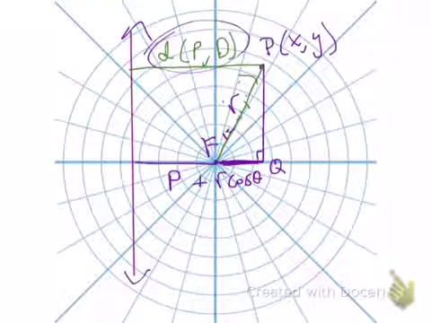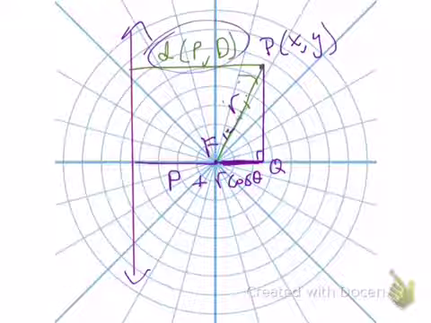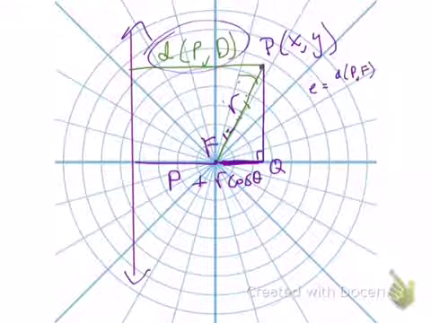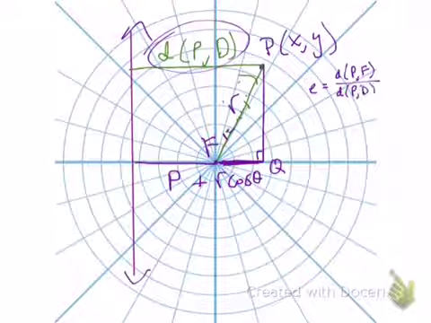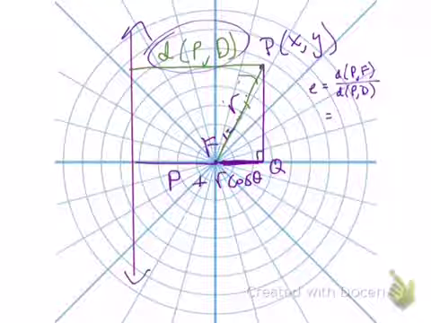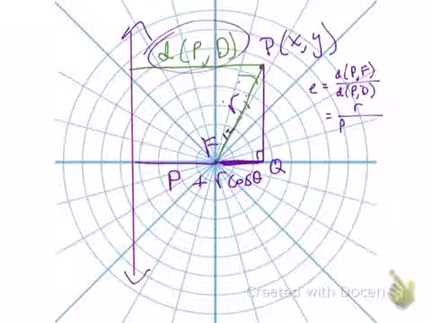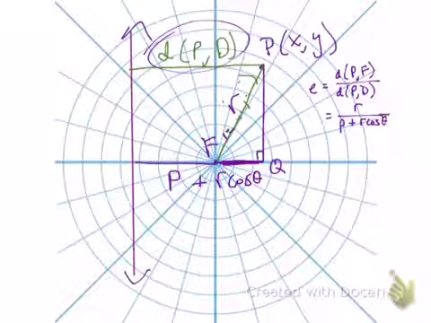So let me start deriving the equation, and I'll start off with that definition of eccentricity as the distance from the point to the focus over the distance from the point to the directrix. And so we just came up with the distance of the point to the focus as r, so that's easy. And the distance from the point to the directrix is p plus r cosine theta. So I just wrote in the two things I determined.